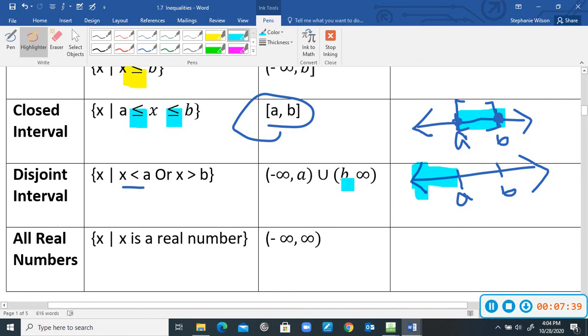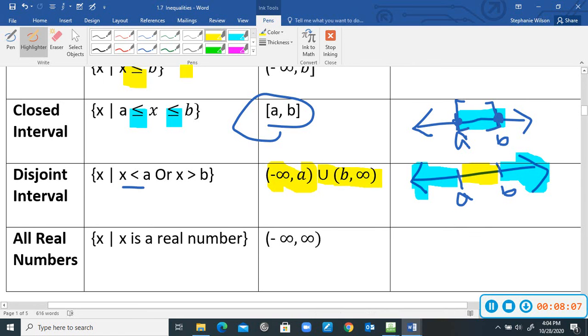And then it said x is greater than b, so I need to go off in this direction to the right. So if you notice, the points between them are not included. So we're going to say negative infinity to a, and since it's not an equal sign, we're going to have a parenthesis here, right? And we're going to call it a union. We're going to say or b to positive infinity.